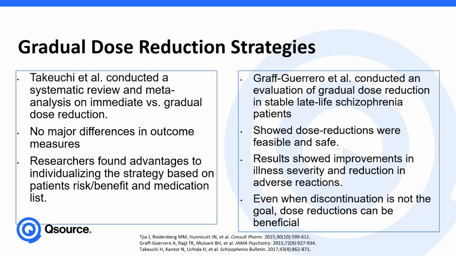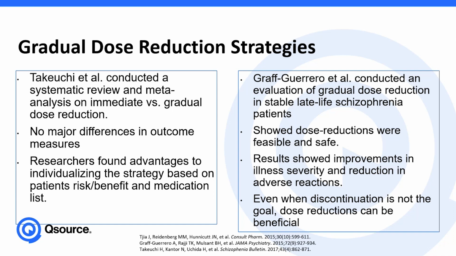There's been studies, lots of studies. I mentioned a few. There's lots of gradual dose reduction strategies. There's immediate versus gradual. There's some evidence to say that there's no major differences in outcomes, but there are some benefits to individualizing strategy based on the patient.